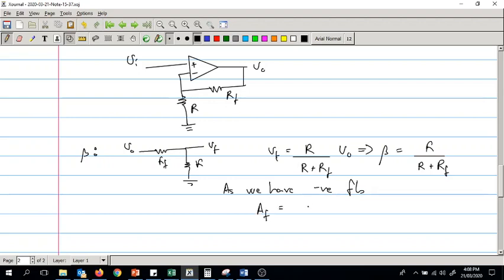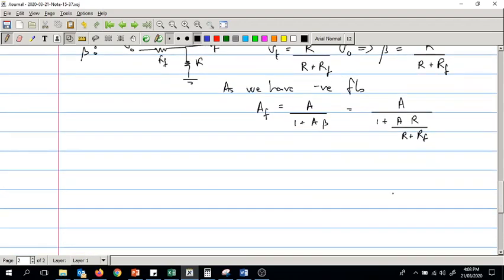As we have negative feedback, A feedback is A over 1 plus A beta. Here A is the gain of the amplifier, and beta is R over R plus RF.